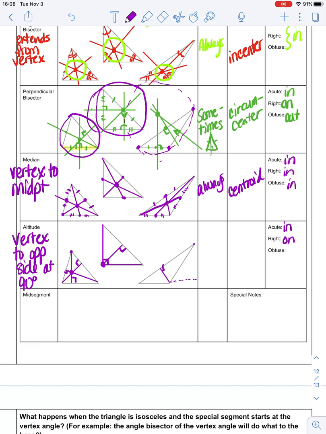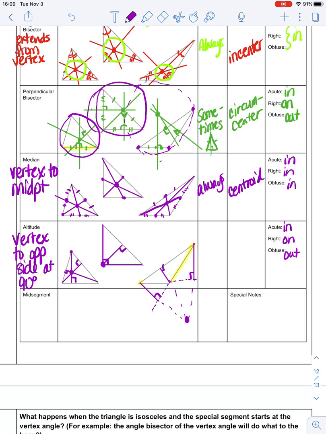Now, in this case, I can't go at a right angle inside the triangle, so I have to drop it outside the triangle. And the same thing has to happen here. It has to come outside. There's no way to draw it at a right angle to this side, so you have to drop it outside. If I were to extend these down, they would still all intersect, but they would intersect outside.